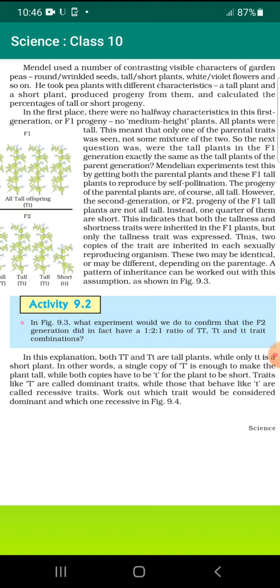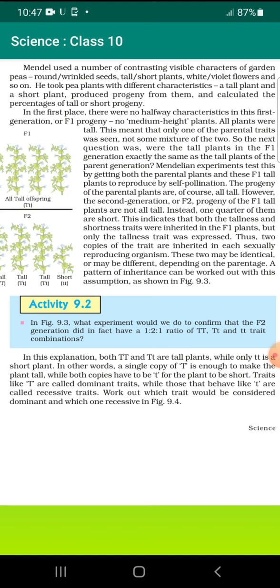So the next question was, were the tall plants in the F1 generation exactly the same as the tall plants of the parent generation? Mendel tested this by getting both the parental plants and these F1 tall plants to reproduce by self-pollination.